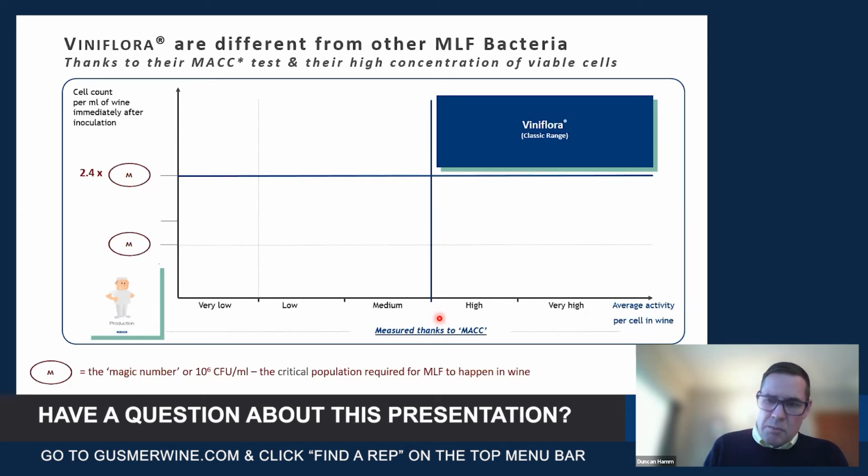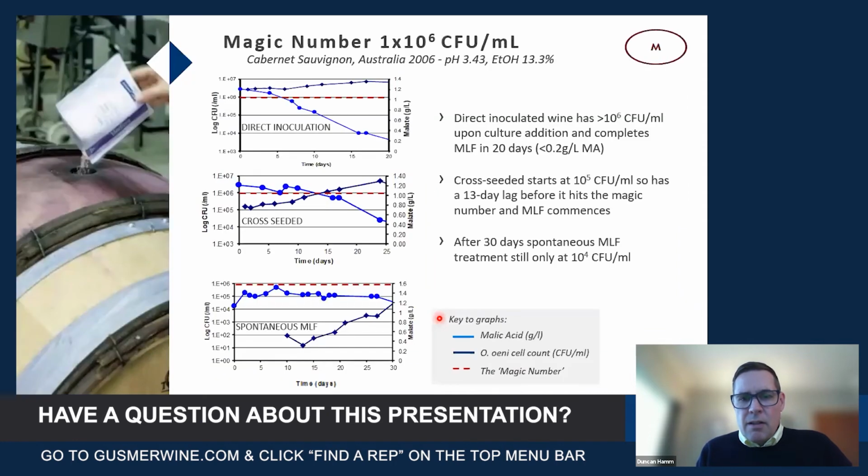Now, to put a case study behind this, we have some really interesting data from Australia. This was run 15 years ago, but it's still extremely relevant today. We had a wine that was put through primary fermentation, and then split into 3 different tanks.